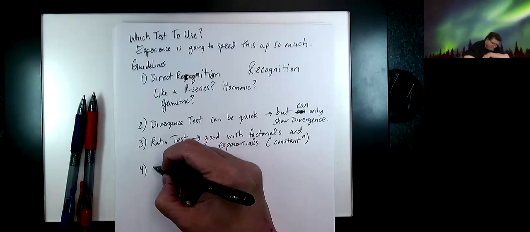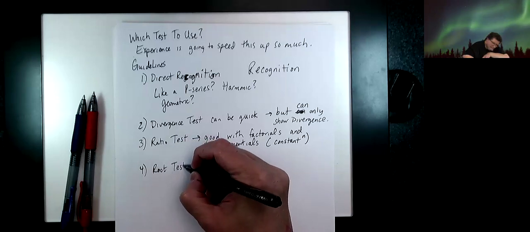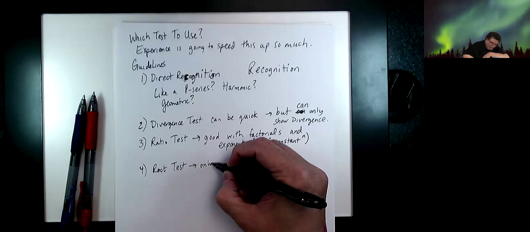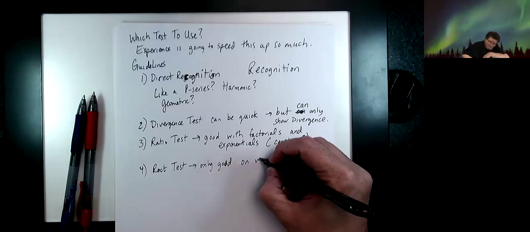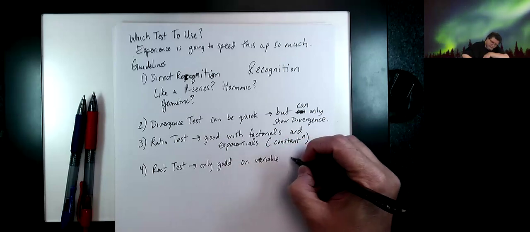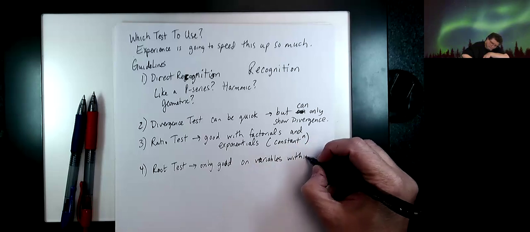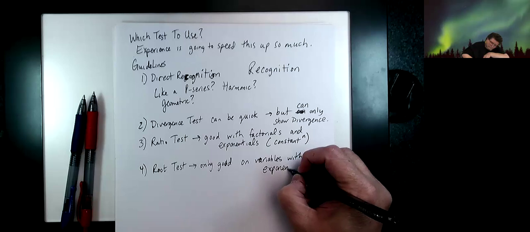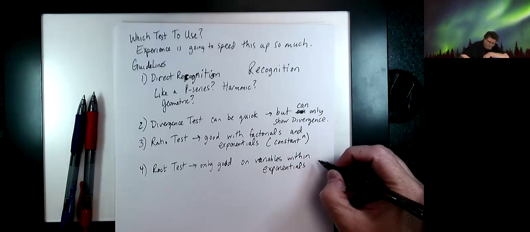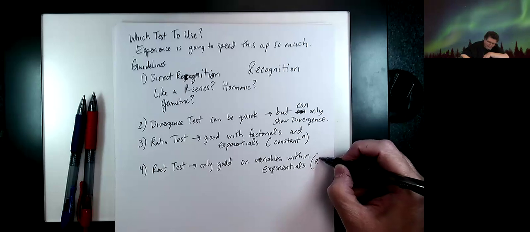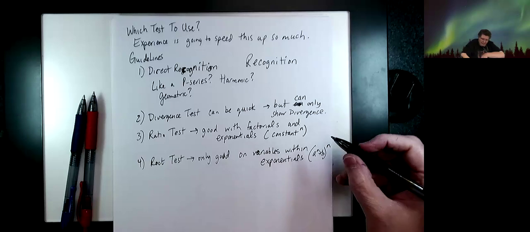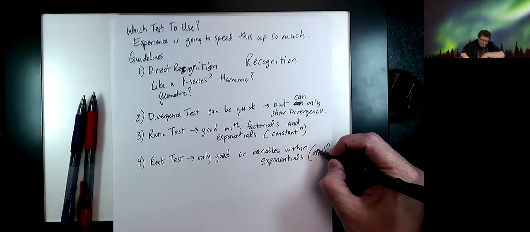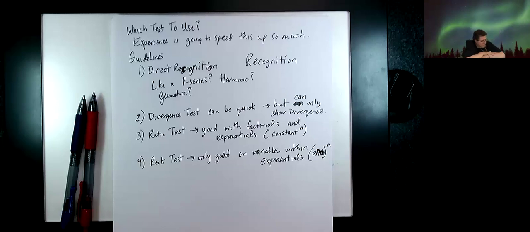And root test is only really good on variables within exponentials, some form of like a to the n plus b to the n. Not a to the n, but a to the n. I don't want an exponential in an exponential. That's even worse.